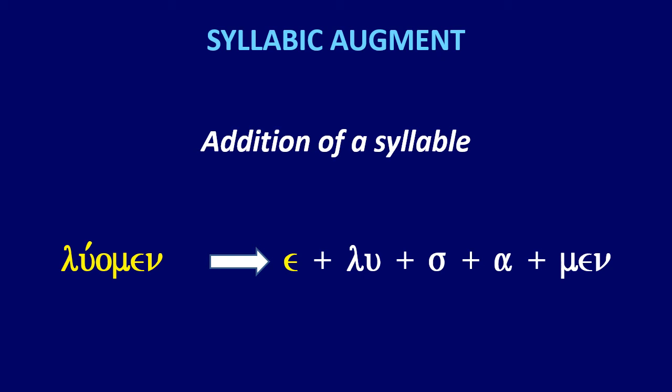There are two types of augments, a syllabic augment and a temporal augment. You should remember the syllabic augment from our study of imperfect tense forms, as the imperfect tense also took an augment. And here the syllabic augment is added, and it's appropriately labeled since it's adding a whole new syllable to the word. It's just prefixed to the stem of the verb there, lu.